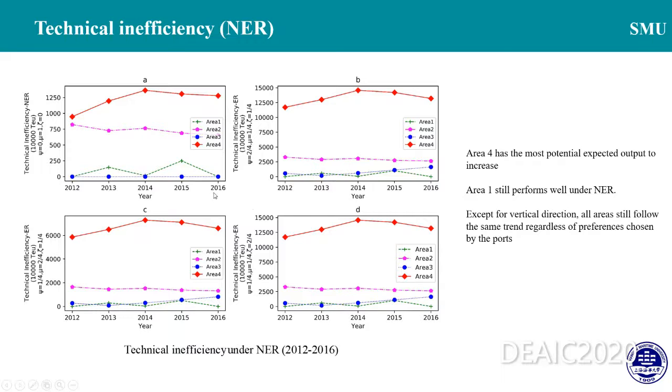In our paper, the vertical direction has mu equals 0, phi equals 0, mu equals 1, c equals 0. The vertical direction means picture A. So, except for the vertical direction, in pictures B, C, D, all areas still follow the same trend regardless of the direction chosen by the ports.